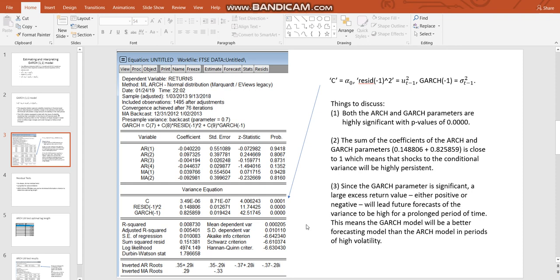And so that means that the GARCH model will probably be a better forecasting model than the ARCH model in periods of high volatility.